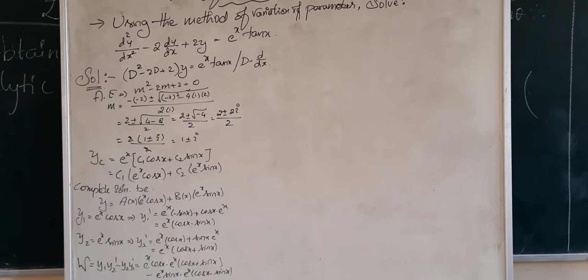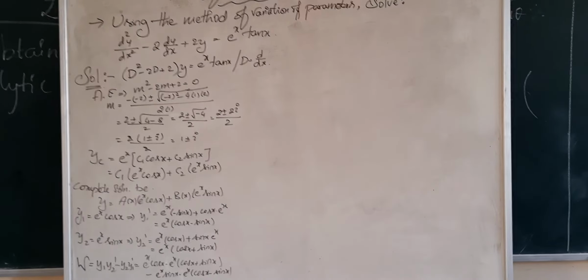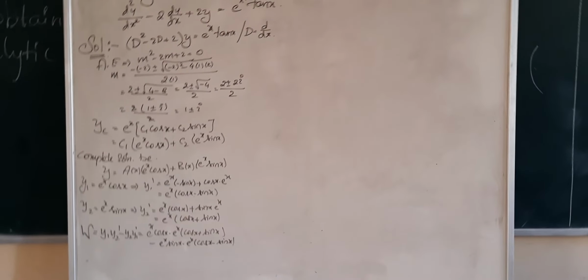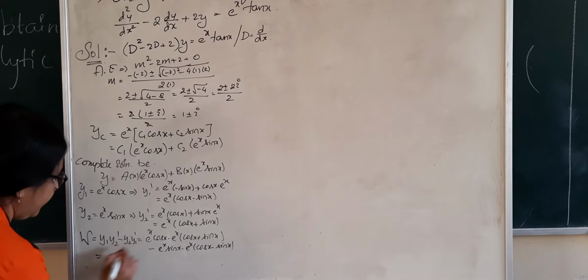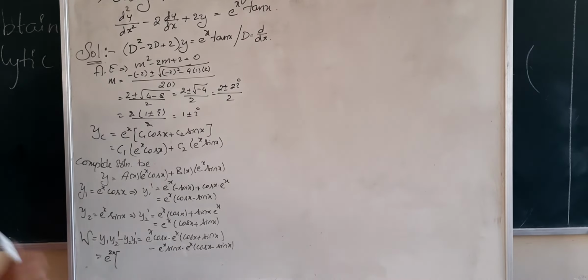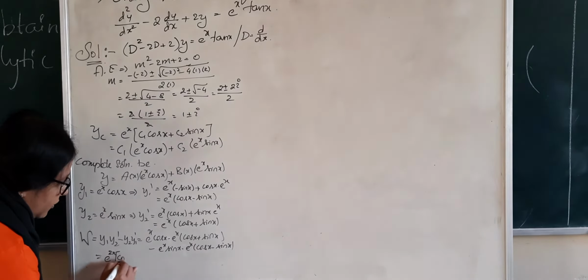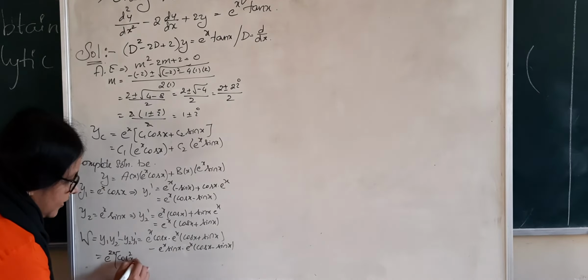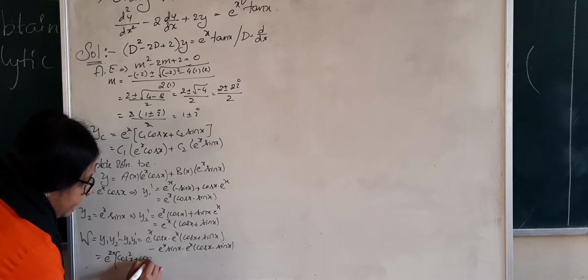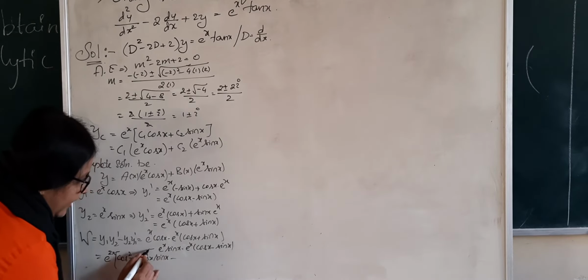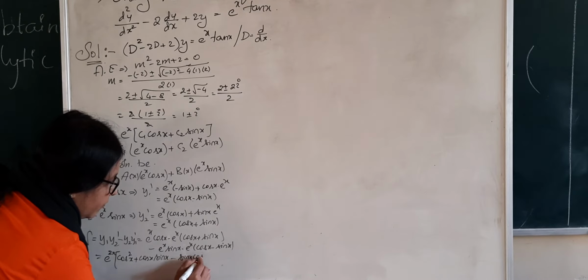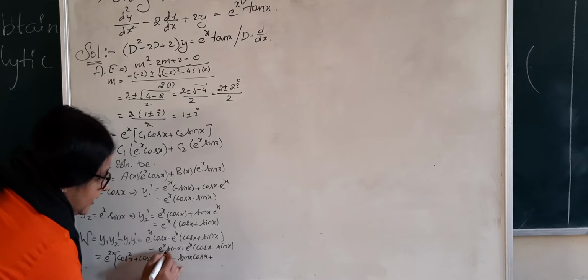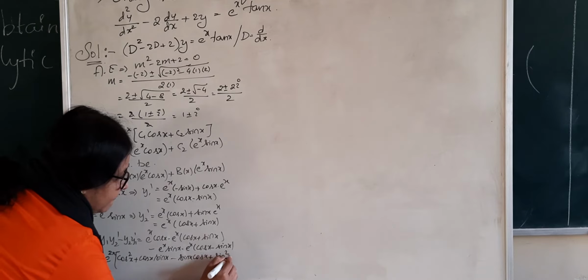Okay guys, so let us take out e power x common and then simplify to find W. e power x into e power x is e power 2x, which is there in both the terms, so I have taken it outside. Now multiplying, we get cos x into cos x is cos square x, plus cos x sin x, minus sin x cos x, minus into minus is plus sin x into sin x is sin square x.